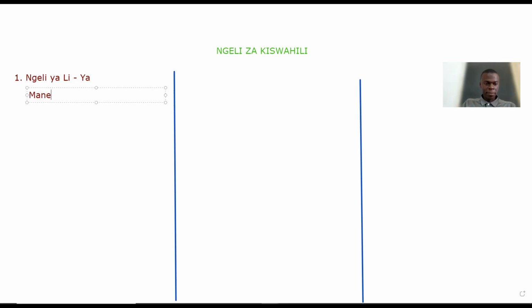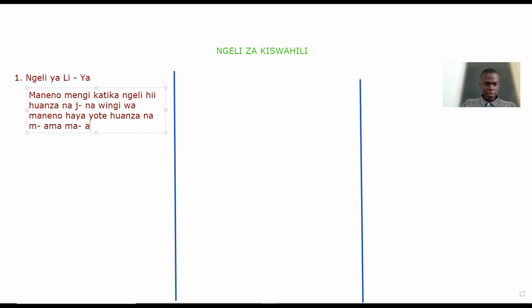Naweza sema maneno mengi katika ngeli hii huanza na G ama huanza na J, na wingi wa maneno haya yote huanza na m ama ma ama me. So that's an example.